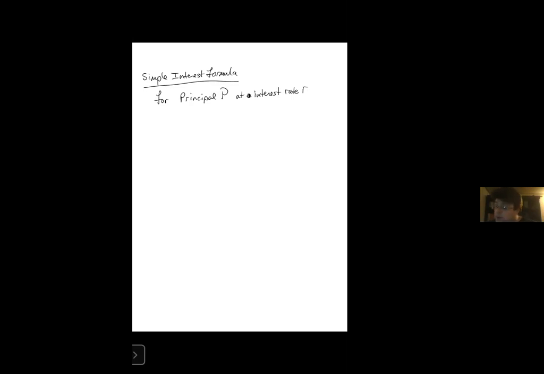So for principal P at interest rate R, the interest earned in T time periods is, we'll call it I, the interest earned is I equals PRT.